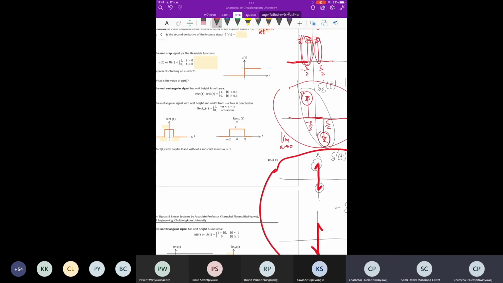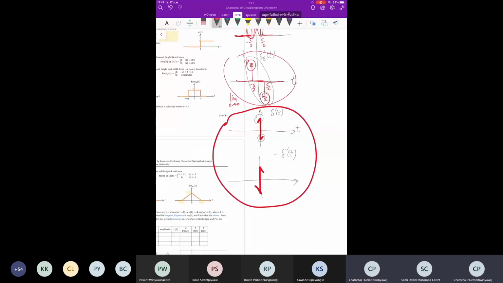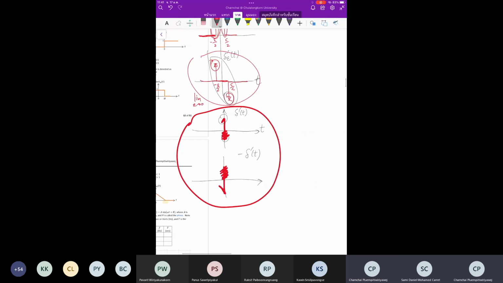Oh, I think the quiz is coming up. So actually my notation would be, I delete this part to make it more recognizable. So instead of this, my notation would use this one for delta prime t. Positive delta prime t looks like this.